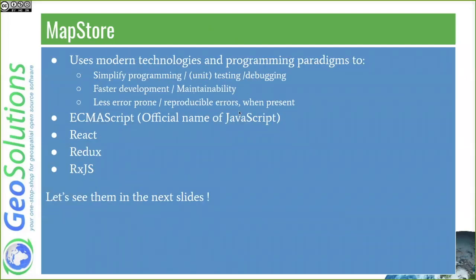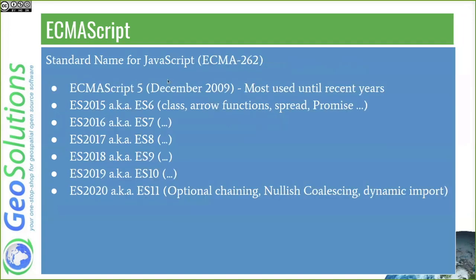These are the libraries. These are the main technologies we are explaining. And then this is the list of Ecmascript versions from 2009. This is the standard JavaScript, as I said, and from 2015, Ecmascript started to explode with new functionalities that are very useful. And now I'm going to explain them.